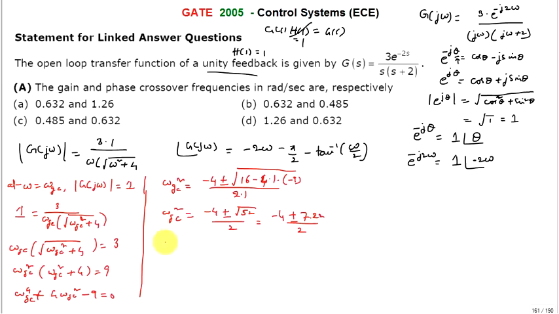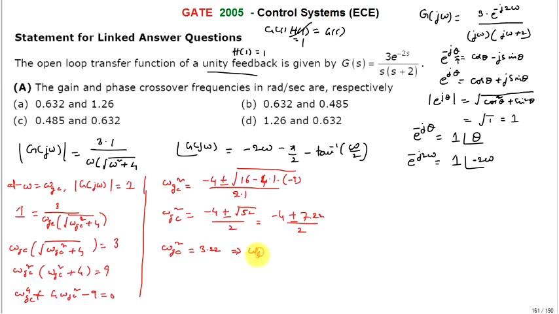Omega gc cannot be negative, so omega gc square has to be positive. For that one we are going to choose the plus sign, so 7.22 minus 4 will become 3.22.